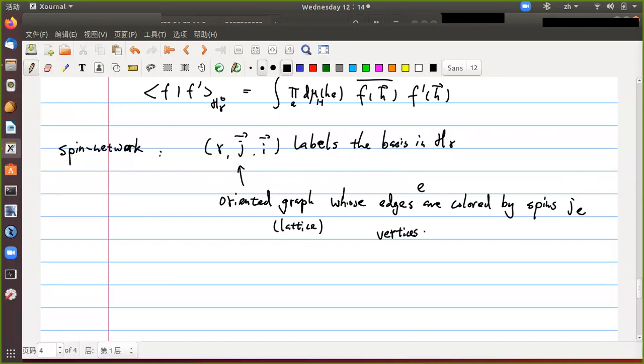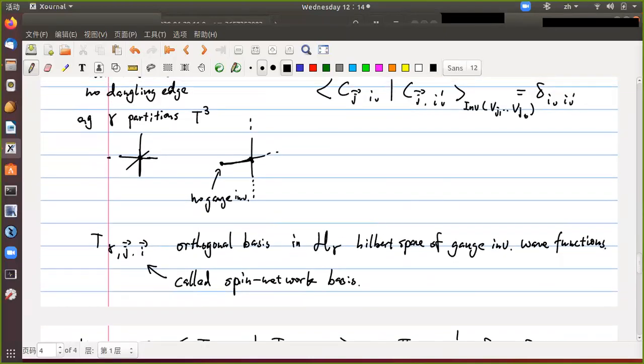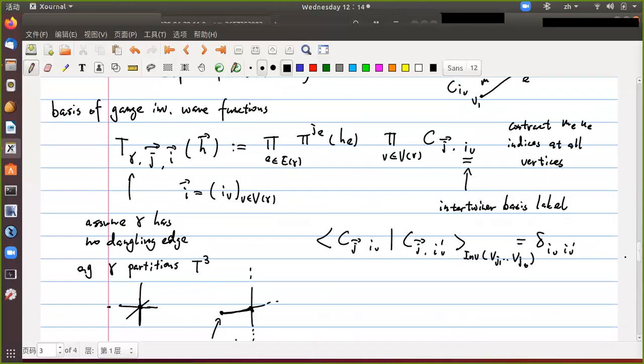and vertices V are colored by intertwiners I_V. As I said before, I_V is the intertwiner label; I_V labels the intertwiner basis.